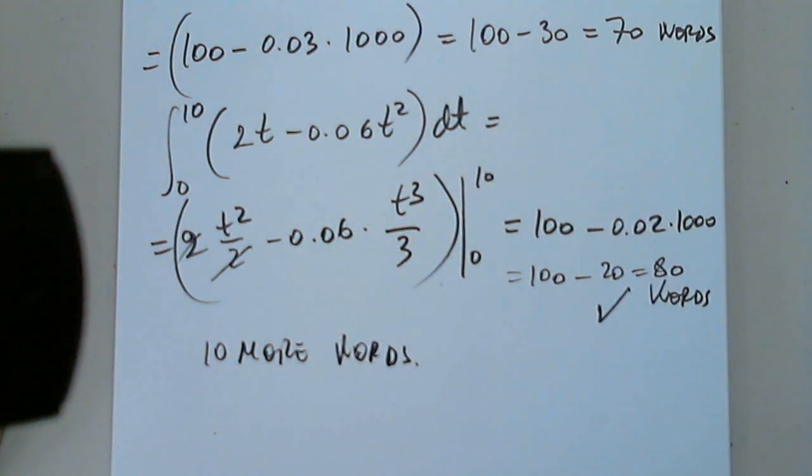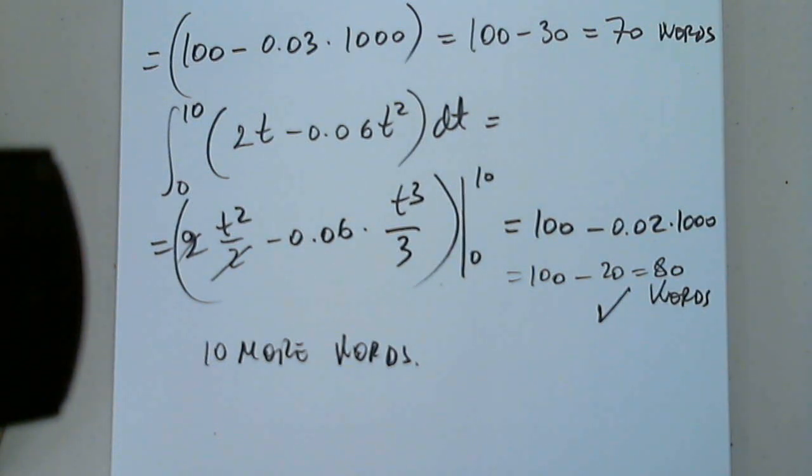Part B: over the first 10 minutes of the experiment, on average, and that word is really exactly what this means, on average, how many words per minute did Alan memorize?